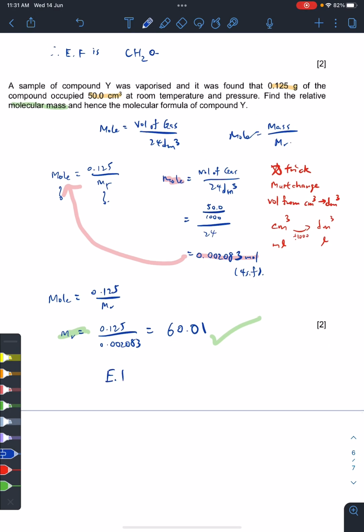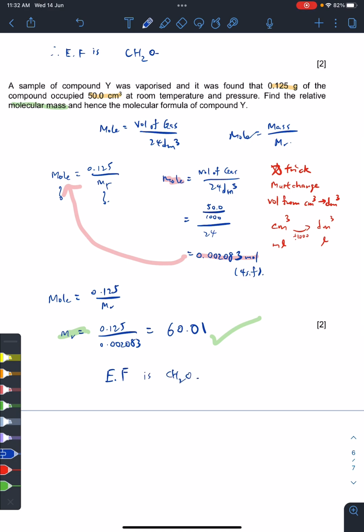The molecular formula is essentially a multiple of the empirical formula. What is the multiple? I don't know. It could be 1, it could be 10, it could be 100. So that's what we're supposed to find out. The empirical formula is CH2O.